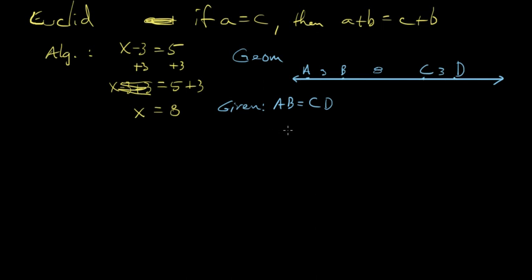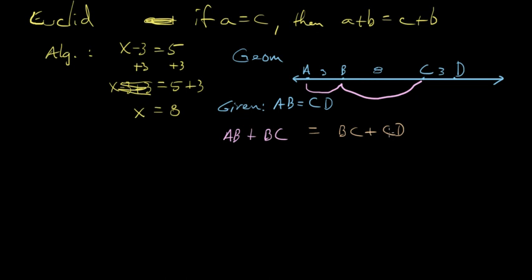We still have some work to do on that. I saw it looking at your tests or your quizzes. Anyway, if I add the same amount to both sides, I have AB plus BC equals BC plus CD.